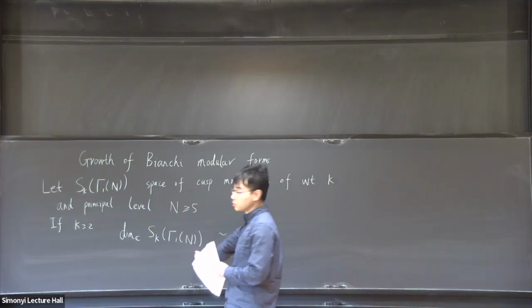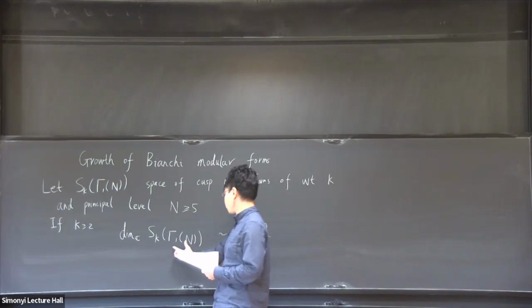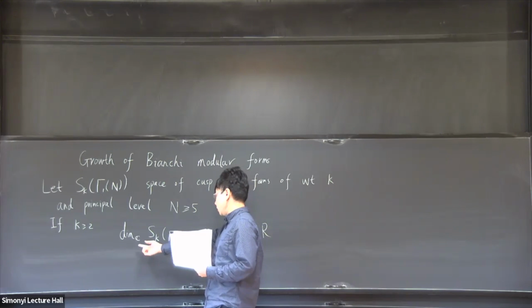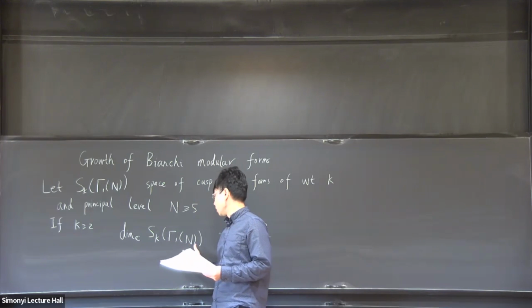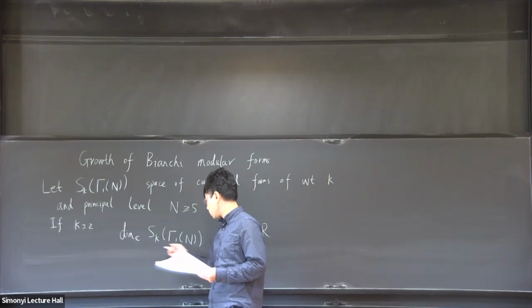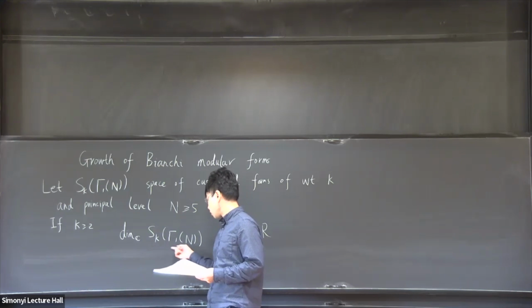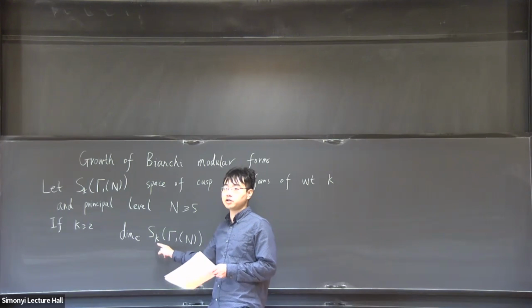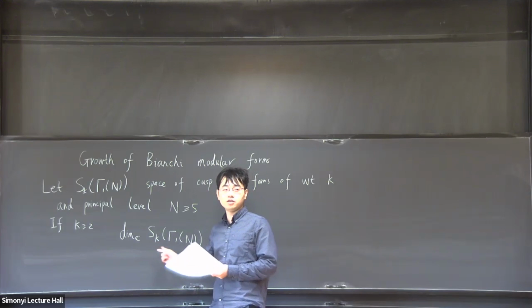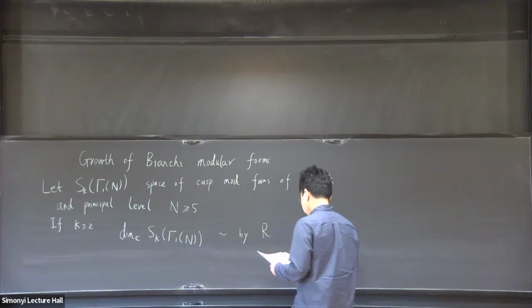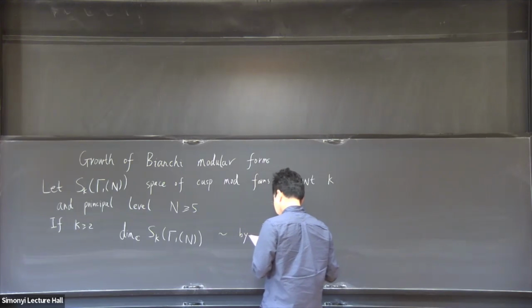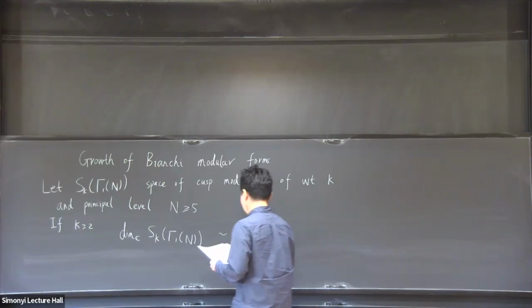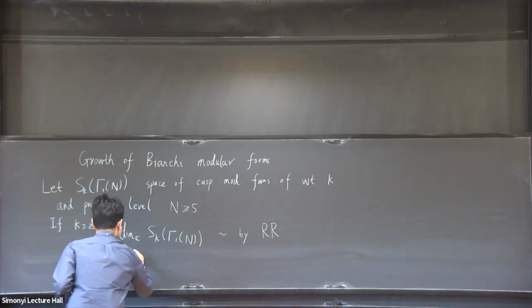But I just want to say, if you choose this level and you compute this dimension and you fix the level n, you only concern the function in terms of the weight k. This should be a linear function in k by Riemann-Roch.